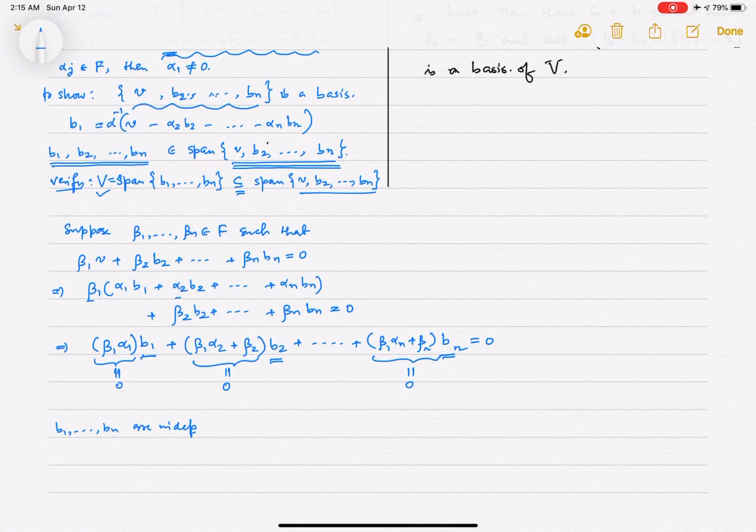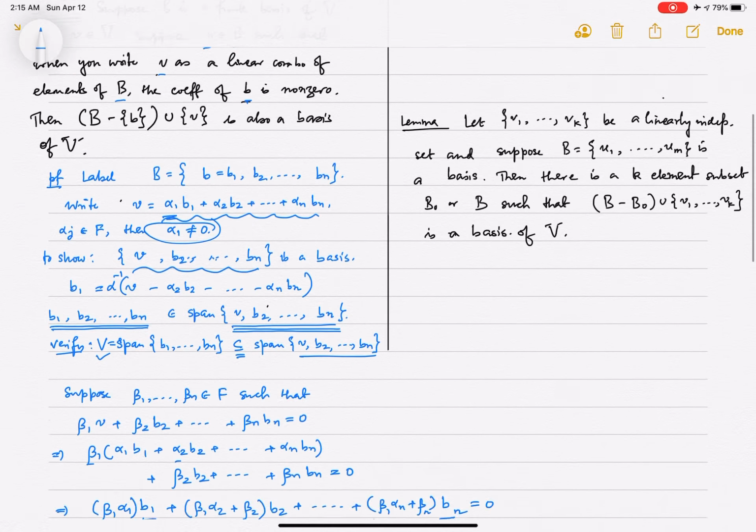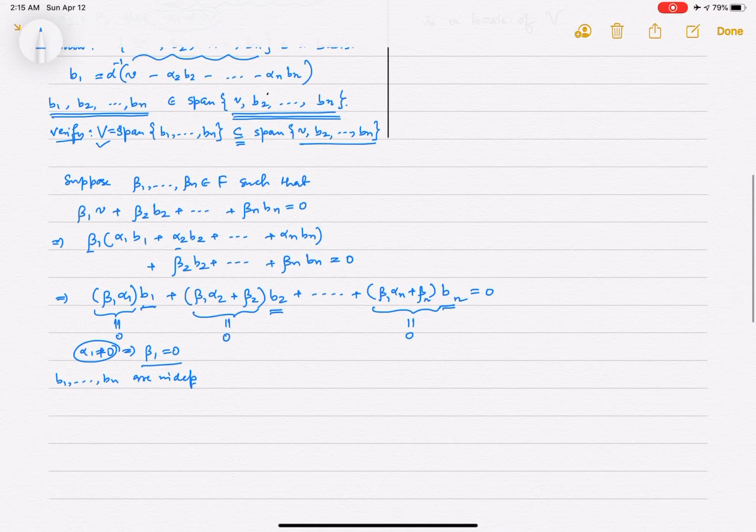But then alpha 1 is non-zero, remember? Right here. So if alpha 1 is non-zero, but beta 1 alpha 1 is 0, that implies beta 1 is 0. But now that beta 1 is 0, all these just go away.